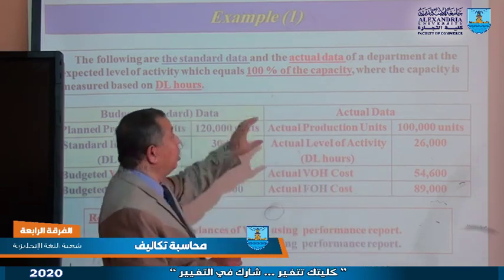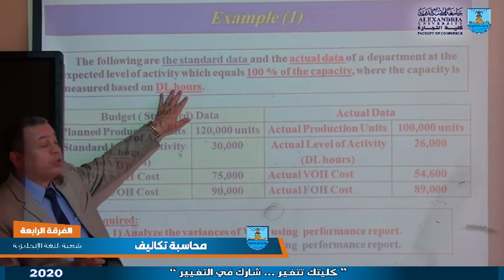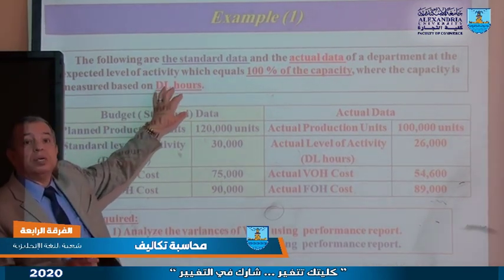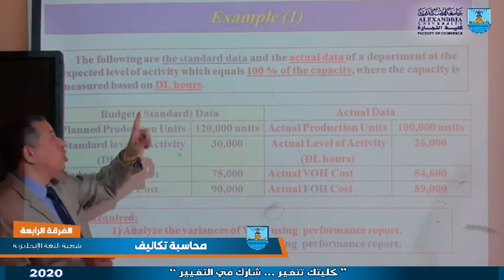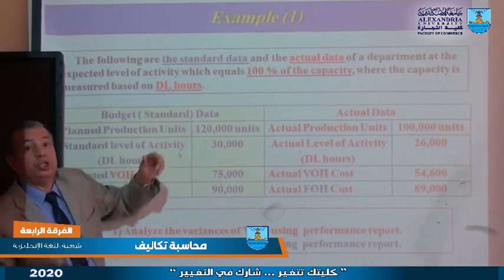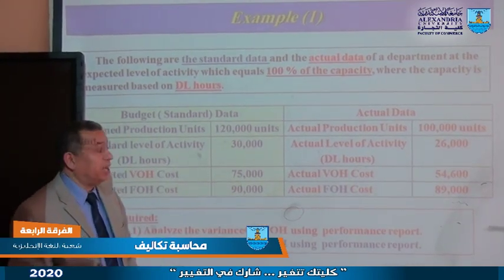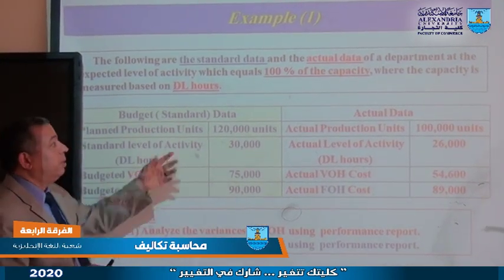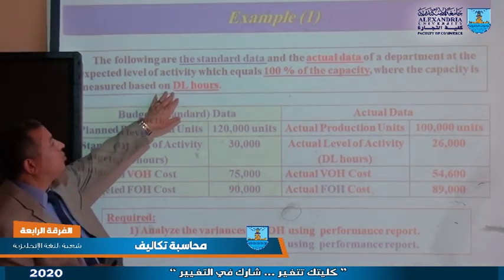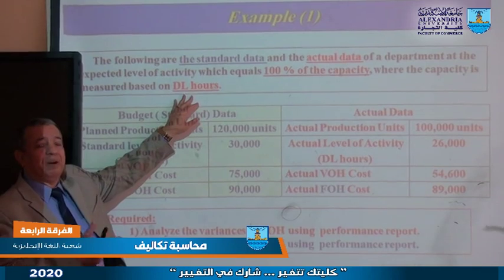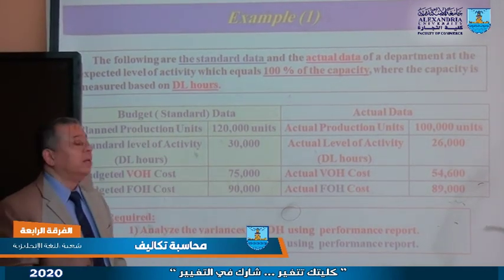But if I prepare my budget using machine hours, here I have a problem because I have to calculate the standard hours allowed using machine hours, not direct labor hours like in direct labor variance analysis. Maybe I explain this in future, or I suppose that I will use direct labor hours to simplify my calculations if I speak about one company.